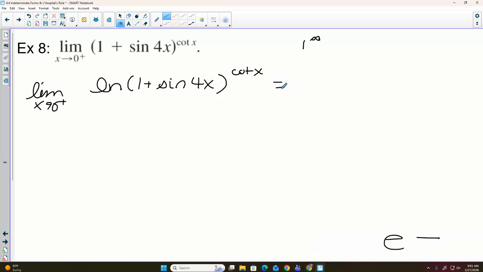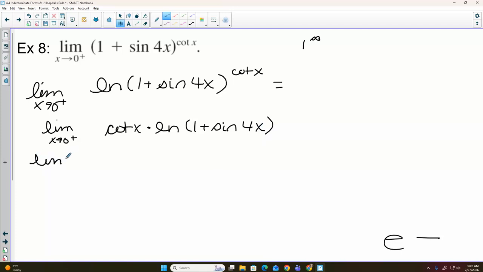Now, the reason the log is nice is the properties of logs. What happens to exponents? They come down in front. Now, we can't use L'Hopital's until it's a fraction.